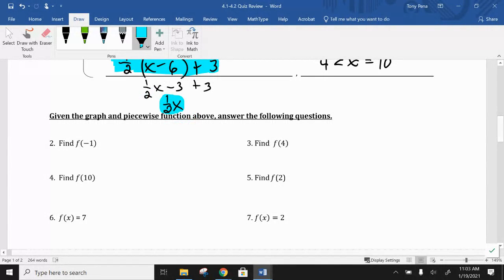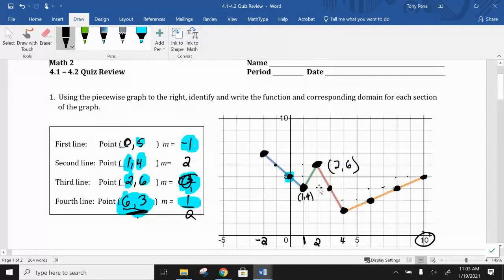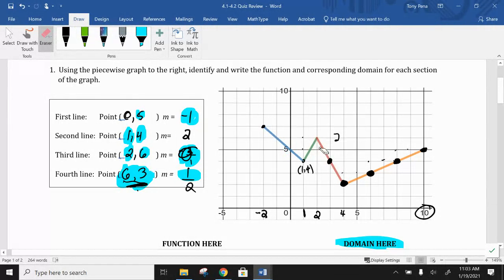So if I go to number 2, if I ask you to do f of -1, you could really do it 2 different ways. So if I want f of -1, this is just saying let x be a -1. And when x is a -1, what y value do I get? One way to do it is your graph. So if we pull back our graph here, let me clean this up a little bit. I got a lot of stuff going on.